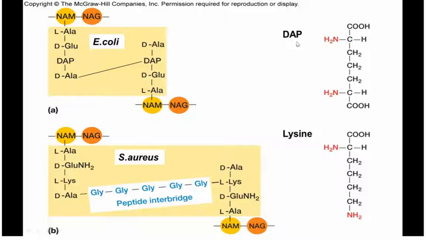Which of these two is involved in this bond? Okay, let's go for lysine. Who says this one is involved here? Nobody. Who says this one? Nobody.